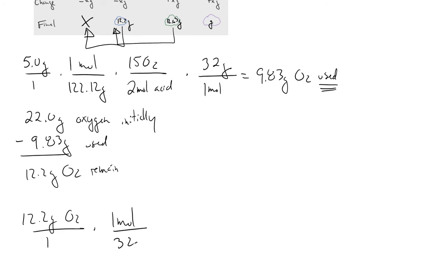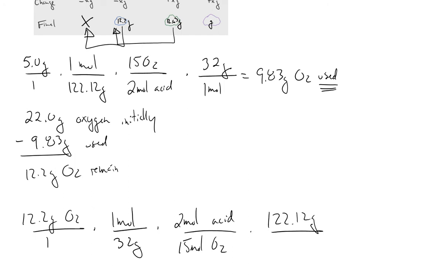Convert it to moles. 1 mole for 32 grams. Do a mole-to-mole ratio. 2 moles of acid are required to react with every 15 moles of O2. And convert back to grams. 122.12 grams per 1 mole of acid. And we find that to react away the final 12.2 grams of oxygen, it requires 6.2 more grams of benzoic acid.